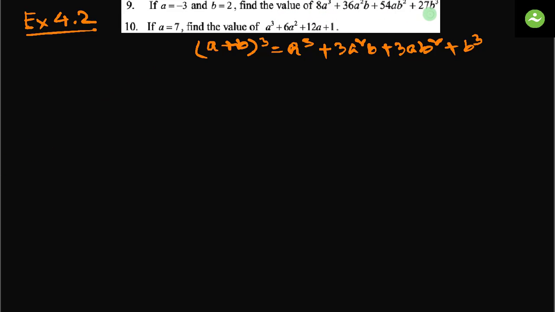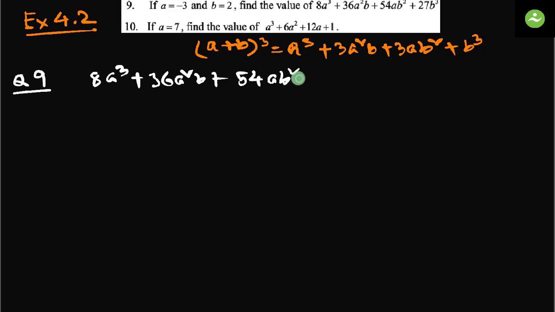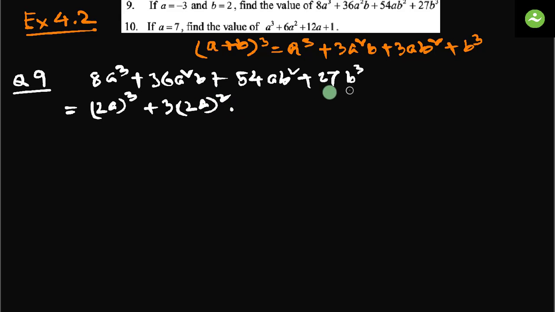We have to find the value of 8a cube, question number 9. 8a cube plus 36a square b plus 54ab square plus 27b cube equals, can we write (2a) whole cube to make it look like a cube, plus 3 into a square, here a means 2a, so (2a) whole square, and b is 3b.